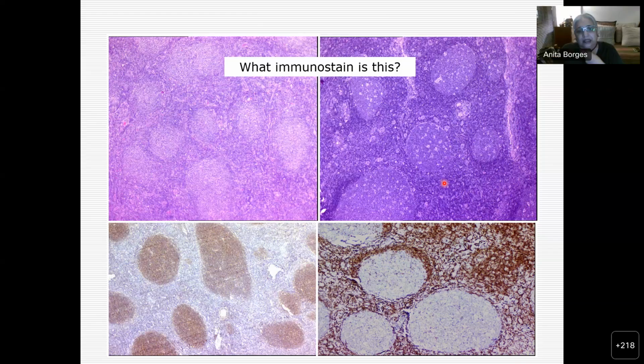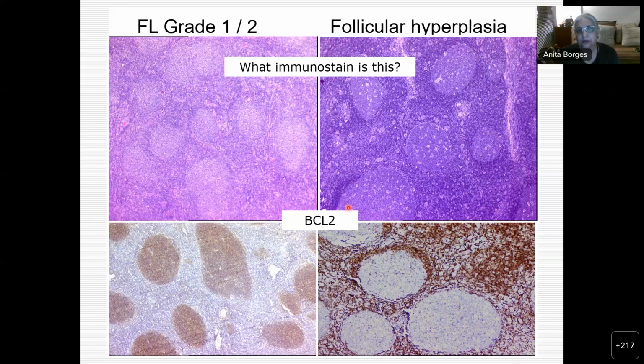BCL2. Okay. Well, let me tell you that both of these are stained with BCL2. If I tell you that both are stained with BCL2, now tell me, what is this disease? Now, what is on the left-hand side and what is on the right-hand side?